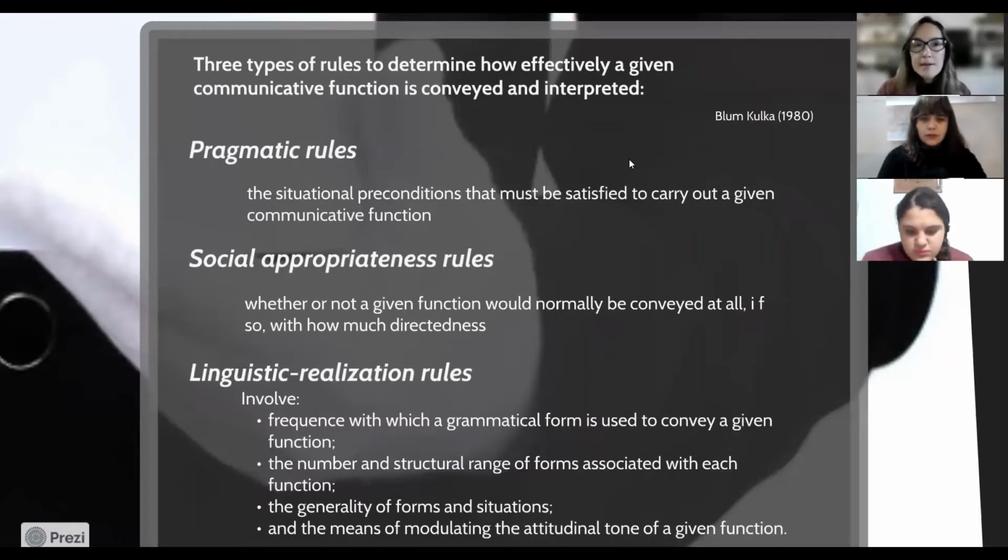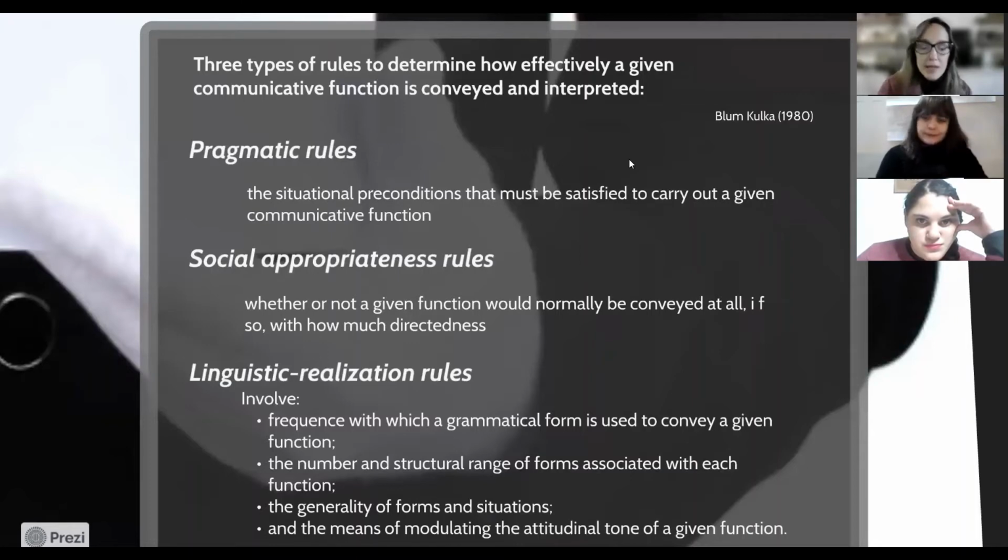Sometimes, as we have said before, one grammatical form might express more than one function, right? Or a function might have many different grammatical ways or expressions to express the same function, let's say.